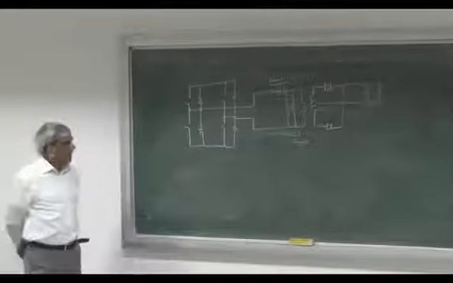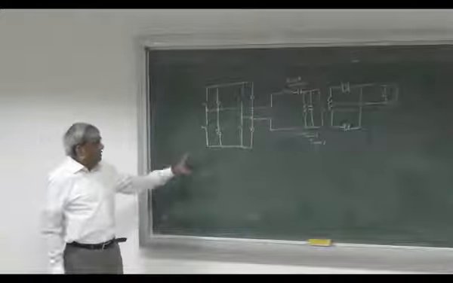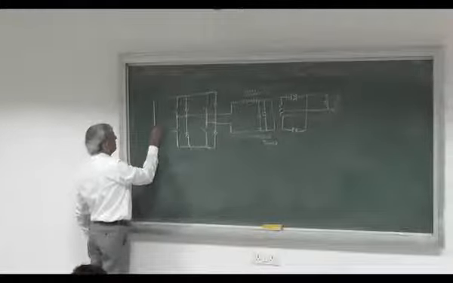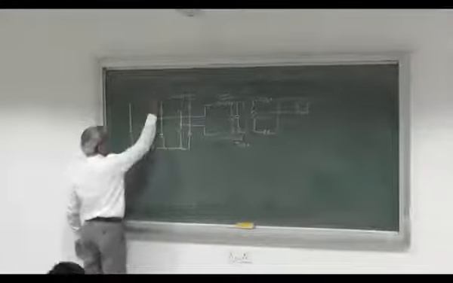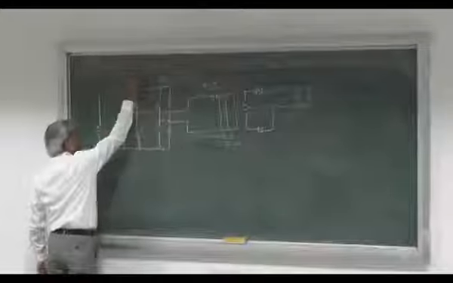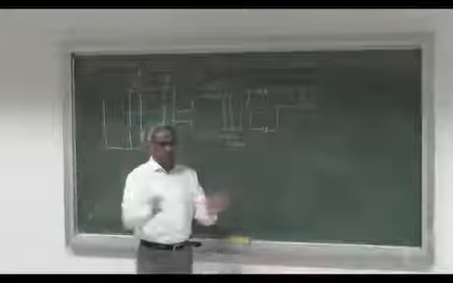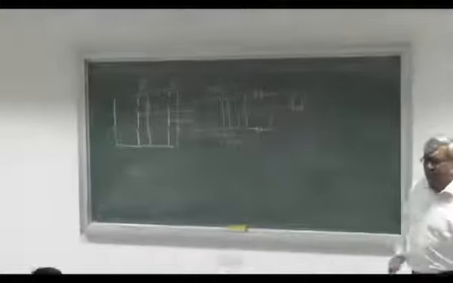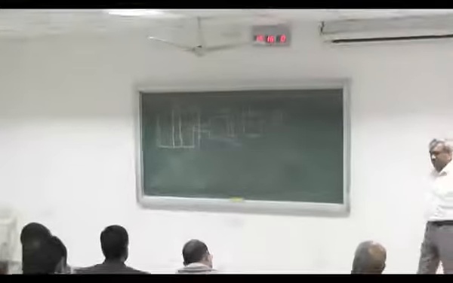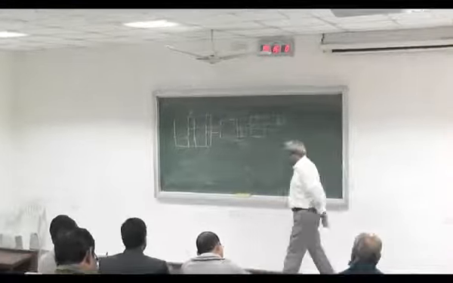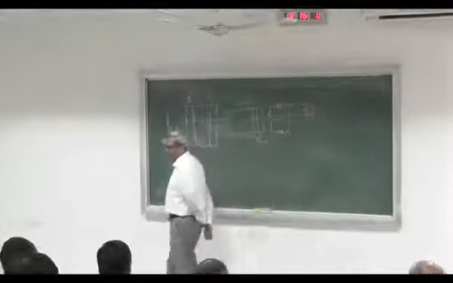The only drawback here is that we lose the 0 voltage switching for, let's say, this leg A. For this side, we do the 0 voltage switching if we vary the pulse width quite a bit to take care of the input voltage variation. Otherwise, it has all the benefits.